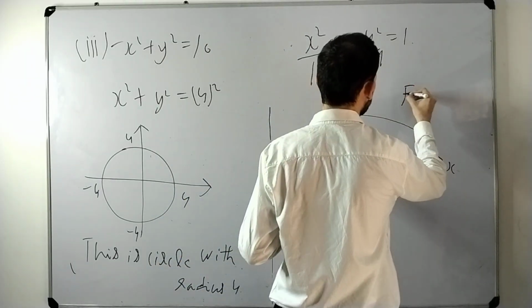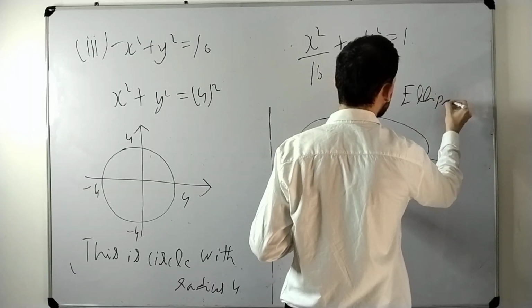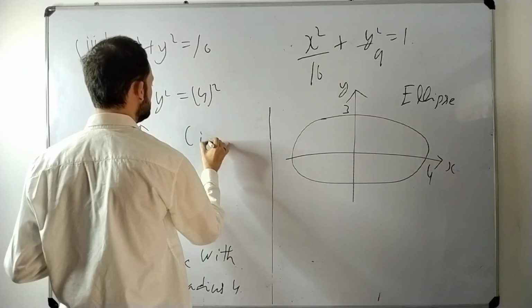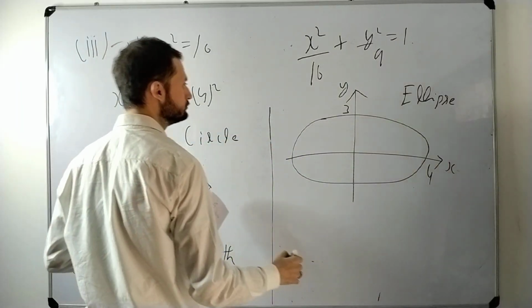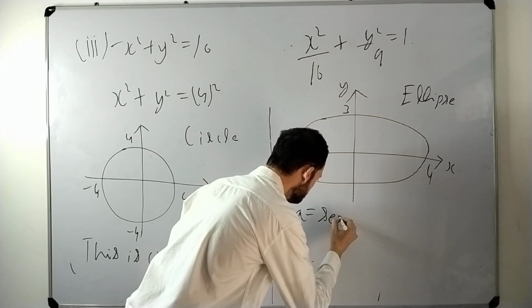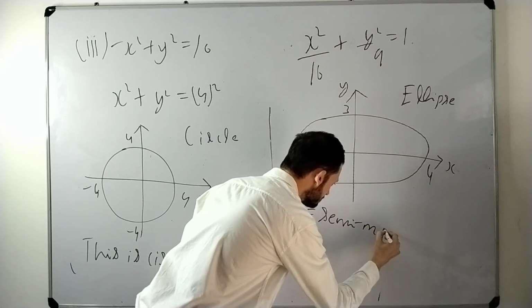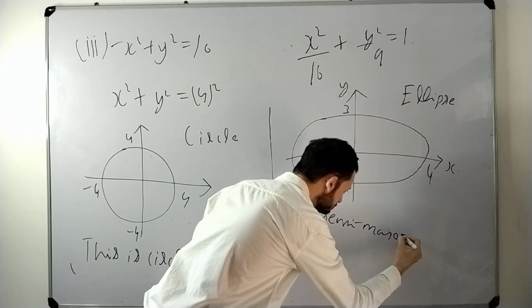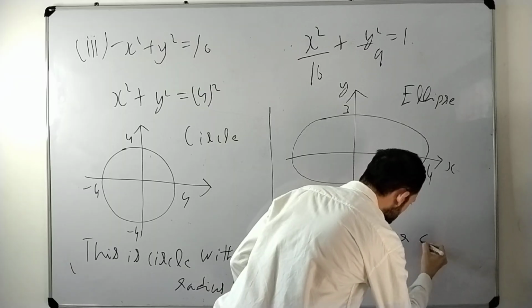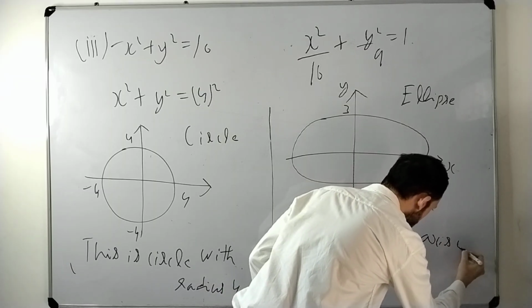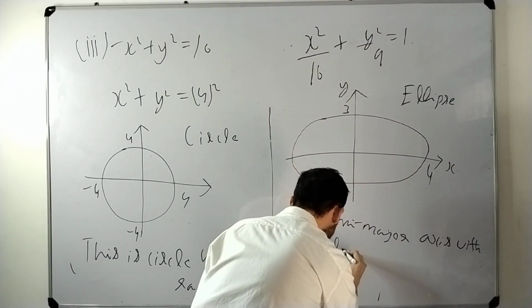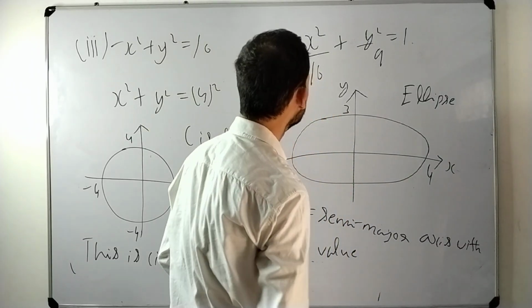Ellipse. Yes, what you are saying is right. Ellipse, circle, and here A is the semi-major axis with value 4.